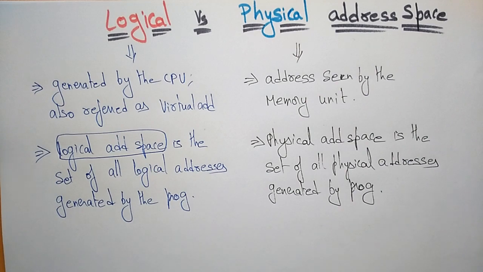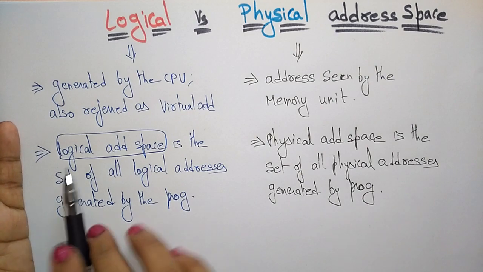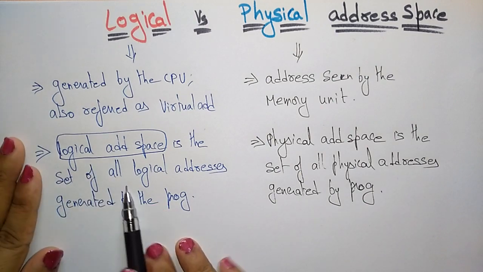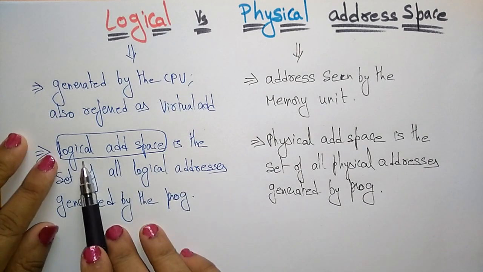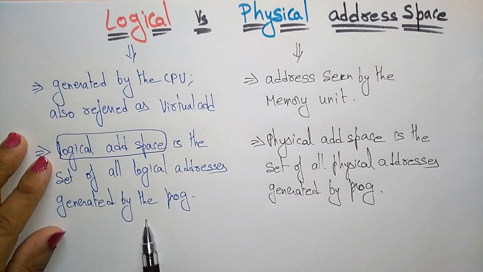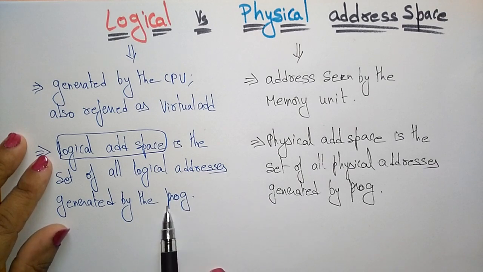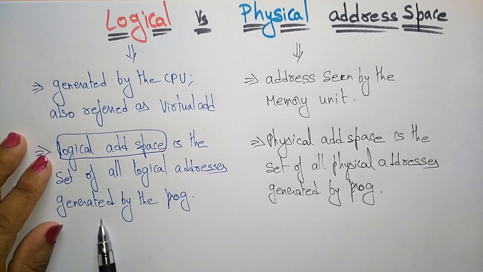We are writing only one program. Whatever the user has written, whenever the CPU executes that program, the CPU has some logical address space. That logical address space consists of the set of all logical addresses generated by the program. So whatever program we have, that program will generate logical addresses.